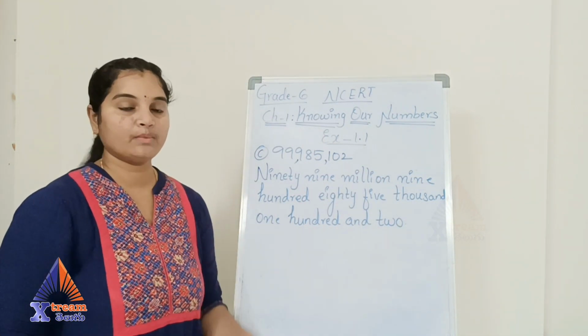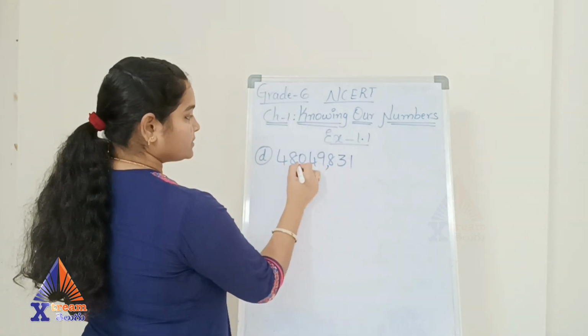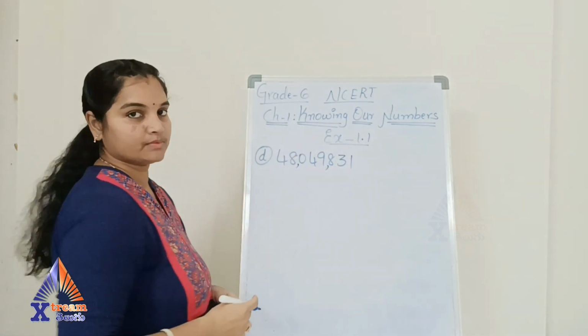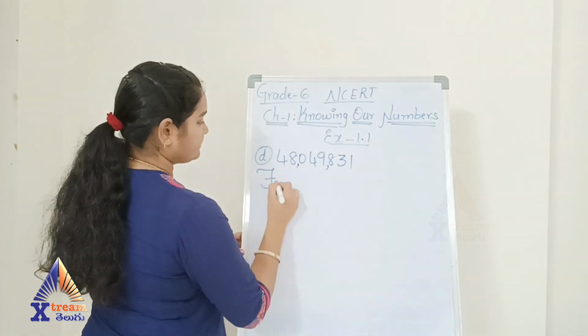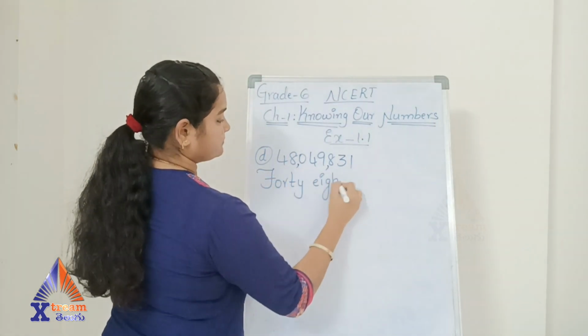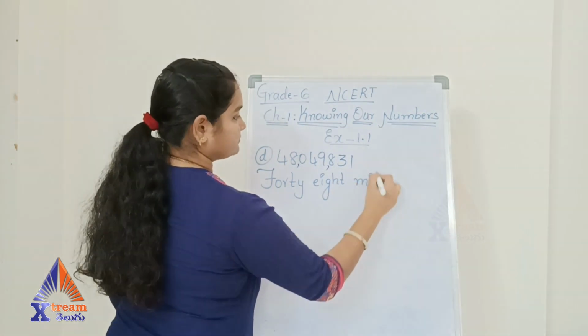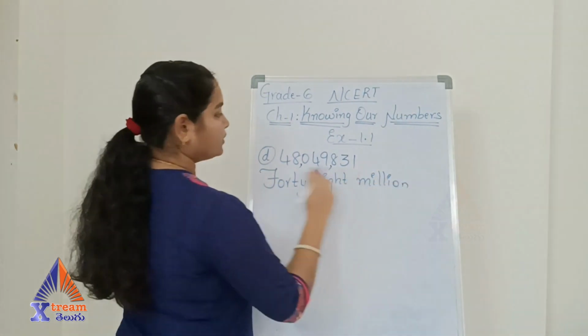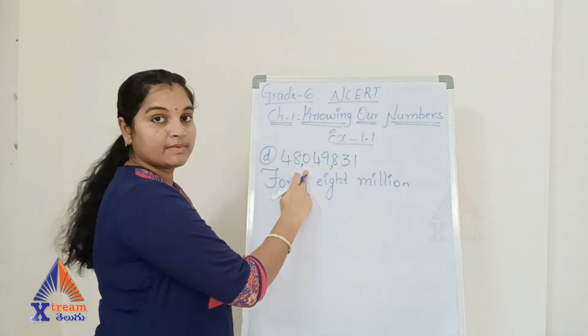And the last and final one we have. So 1, 2, 3, 1, 2, 3, and the last left out 1, 2. So we write it as 48 million. So we don't have thousands, 100,000s place value here. We have 0.